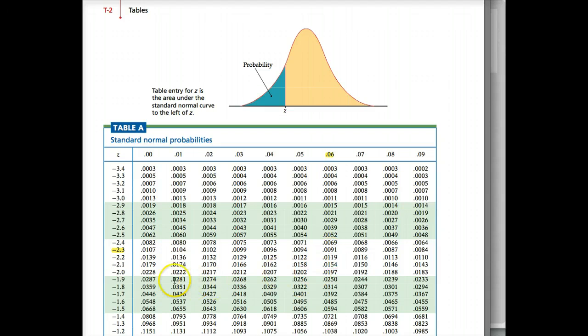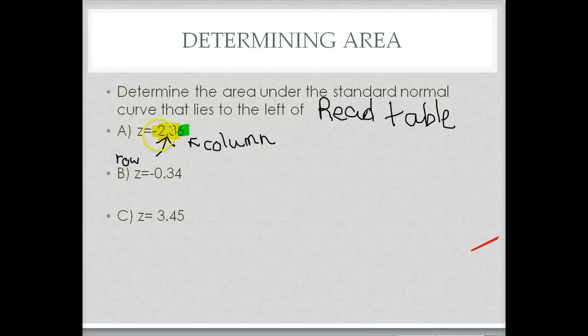The 6 tells me the column, and I want to see where these two meet. It's one of the reasons I'm a big fan of using those cards in the back of the book. I even sometimes take a ruler out and put it on the table. All these numbers start to swim together after a while. So I put the ruler or a piece of paper down so I'm sure I'm following the same row all the way out. So the area would be 0.0091. Or I'd have a very small chance, about a 0.9% chance, of finding a person with that particular z-score.